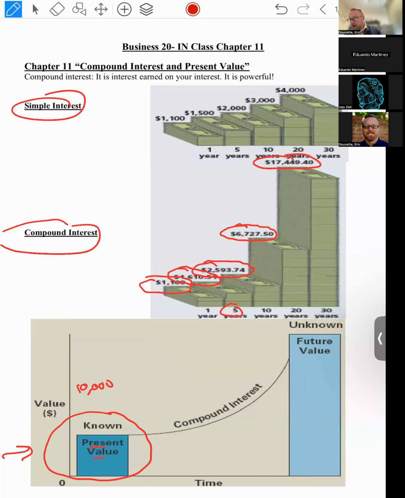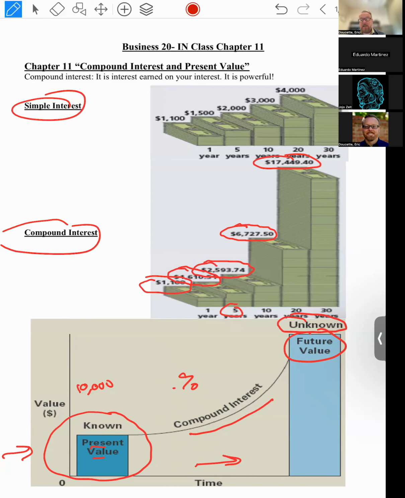However, through compound interest, I don't know what the future value of that money is going to be, because I don't know what the percentage rate is going to be, and I don't know how much time I'm going to be leaving it in there. So I know what it is today. What I need to find out with compound interest is how much it's going to be worth, its future value, in X amount of time at an X interest rate.